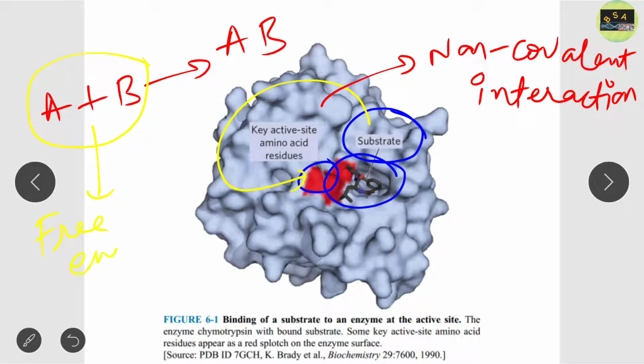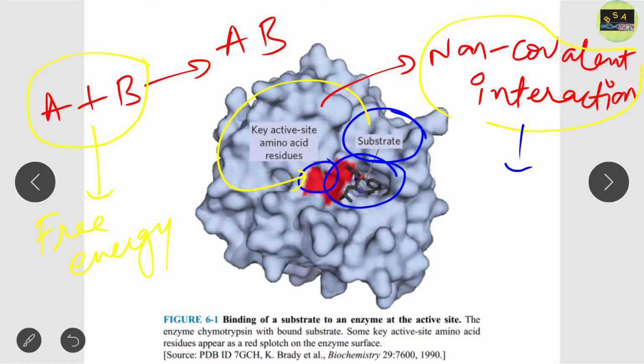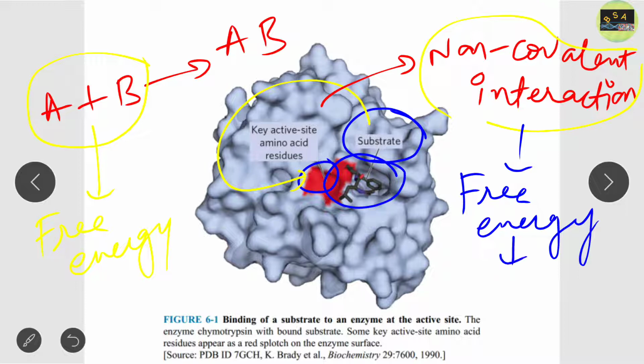The same thing happens in this case when the substrate binds to the active site of the enzyme through non-covalent interaction: free energy is released. Clear? This free energy that is released through the interaction of the enzyme and the substrate, we call binding energy.